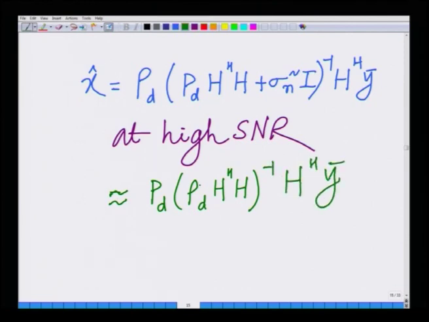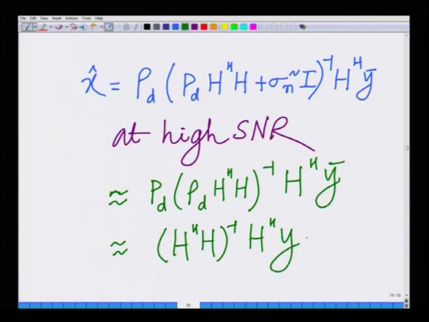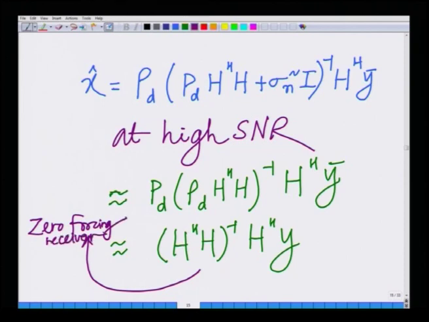This P_D is a scalar, so P_D into P_D inverse is nothing but 1. So, this is approximately equal to h Hermitian h inverse h Hermitian y, and we have seen this before. This is nothing but the zero forcing receiver.